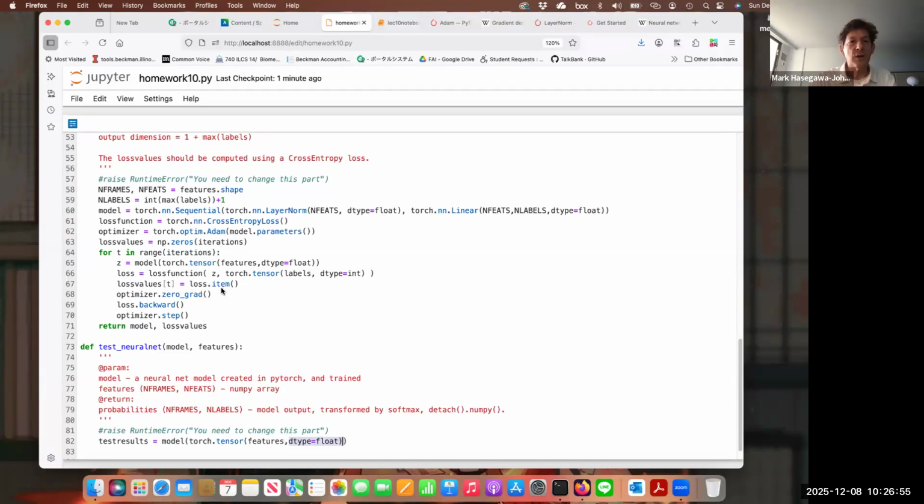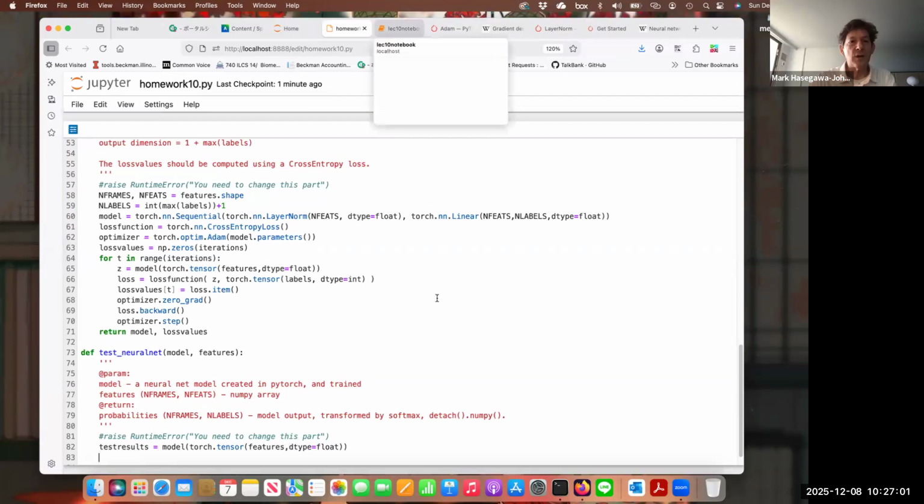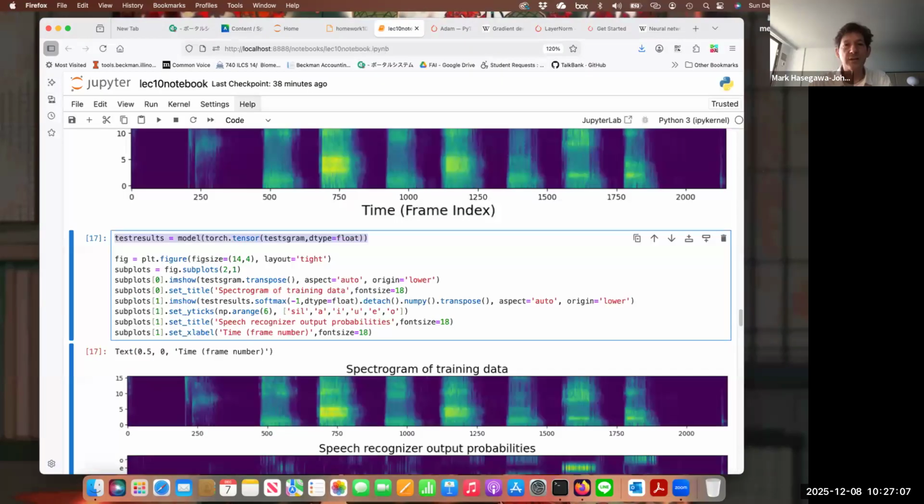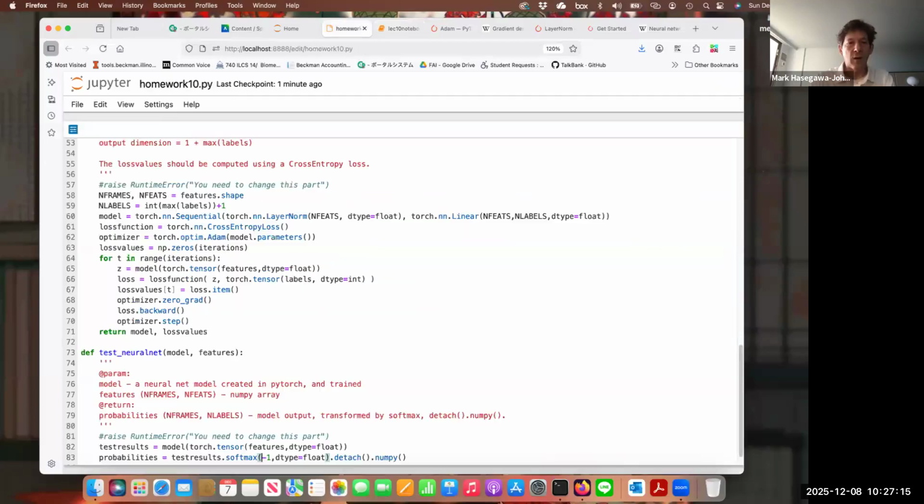We did that by taking those test results and computing the softmax and then detaching them and converting them to NumPy. So let's copy this part of the code over. The probabilities are the test results passed through a softmax, then detached and converted to NumPy.